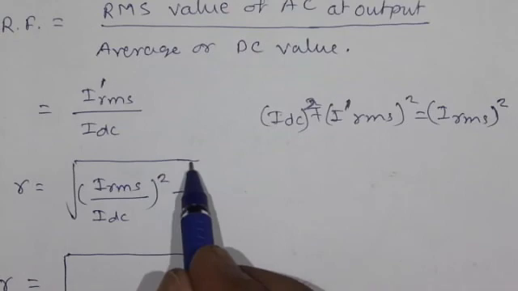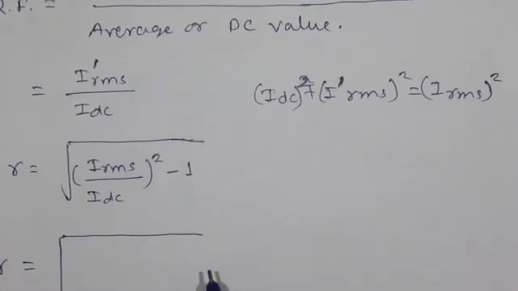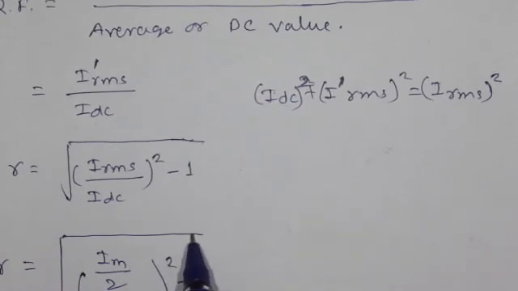All these terms are under the square root. Now by putting the values of IRMS and IDC, IRMS is Im upon 2, divided by Im upon pi, and this term is squared, minus 1.